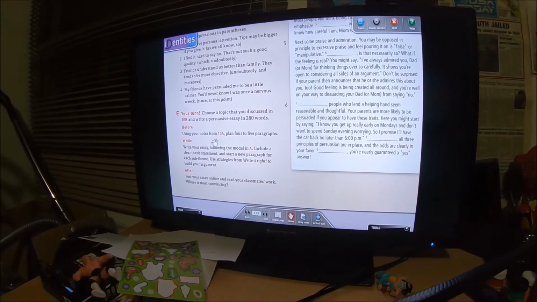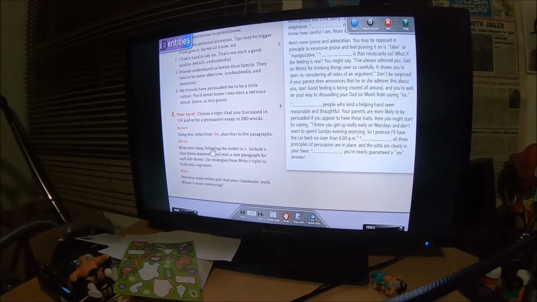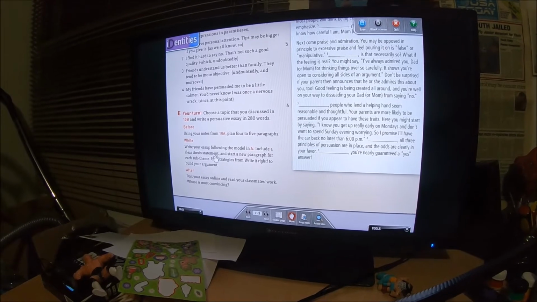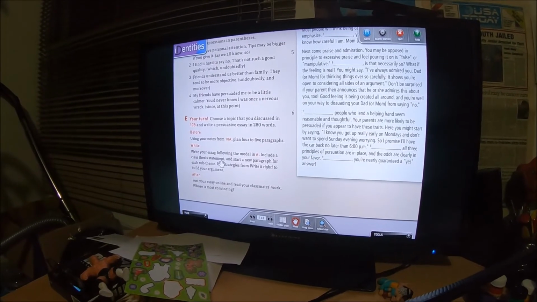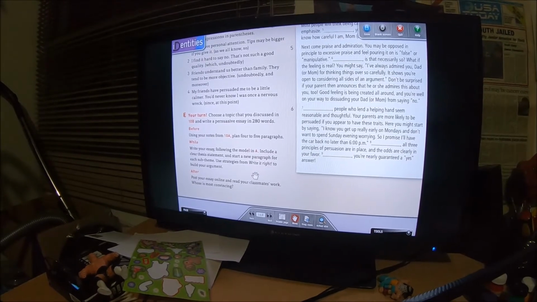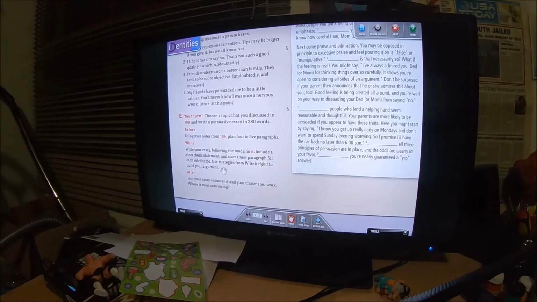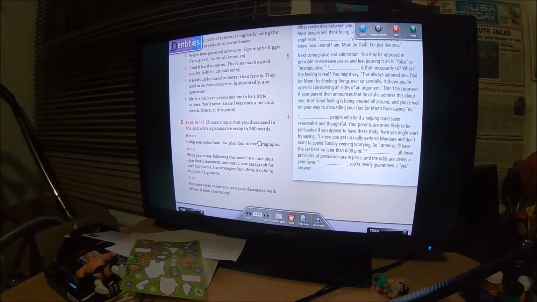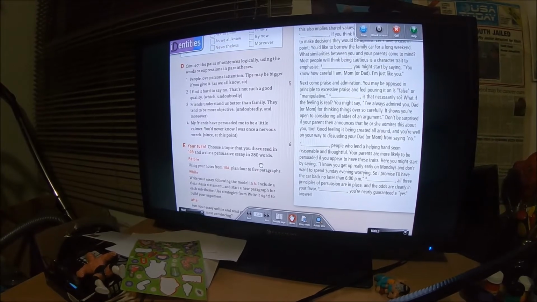And it says, write your essay following the model in A. Include a clear thesis statement, the topic sentence, and start a new paragraph for each sub-theme. Use strategies from Write It Right, the one we just saw, to build your argument. Now again, you guys are going to post it on Google Classroom and turn it in.